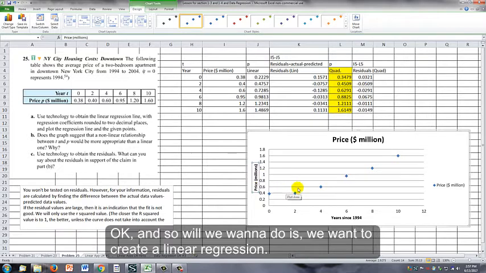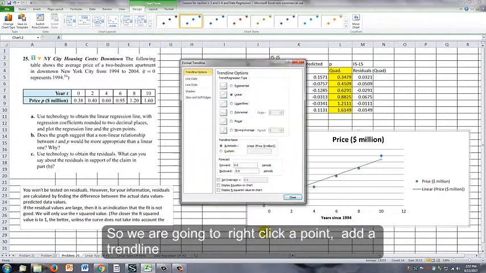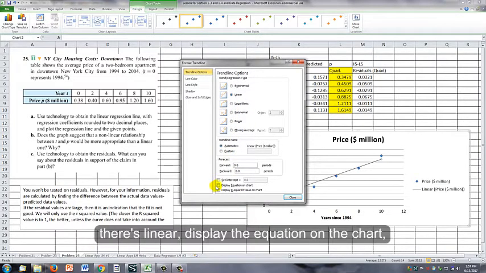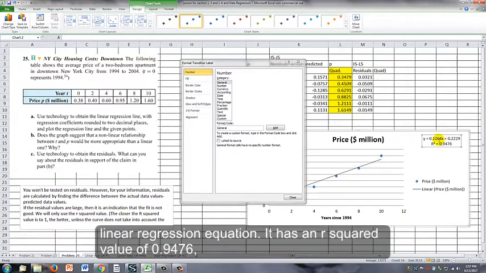Okay, and so what we want to do is create a linear regression. So we're going to right click on a point, add a trend line. There's linear, display the equation on the chart, and there is your linear regression equation.